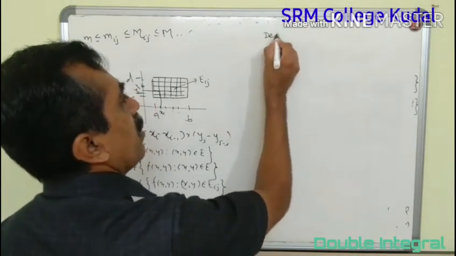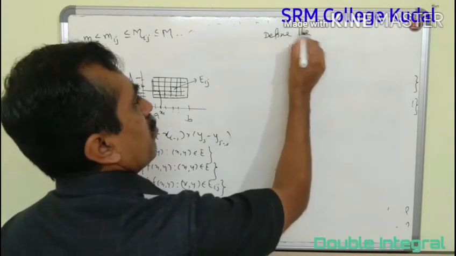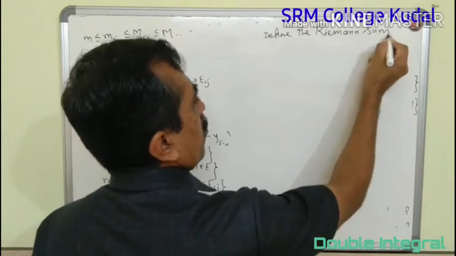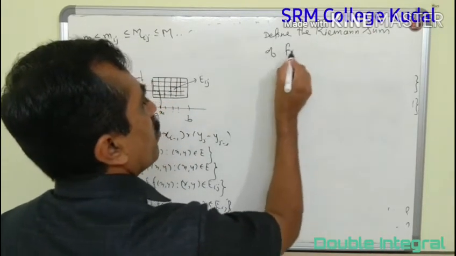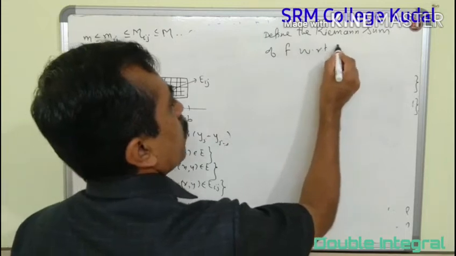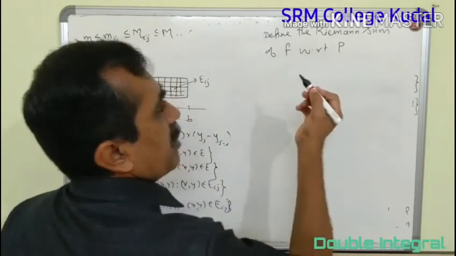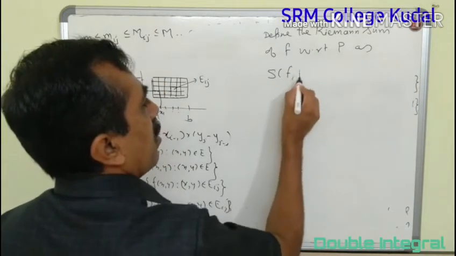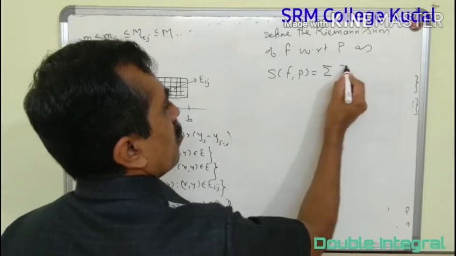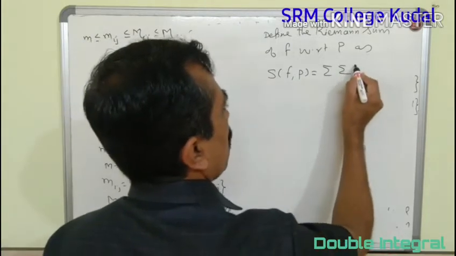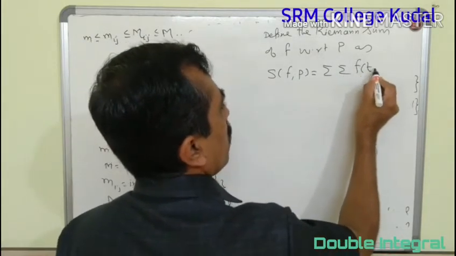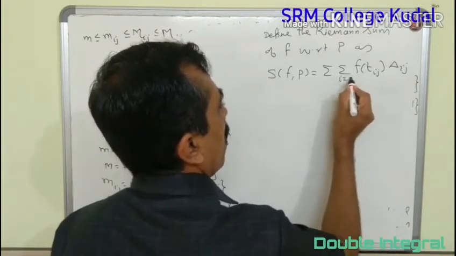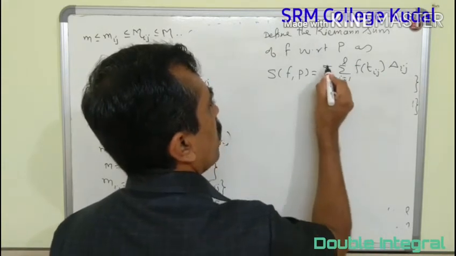So define the Riemann sum of f with respect to partition P as f_P equal to the double summation of f of T_ij into delta_ij, i runs from 1 to L and j runs from 1 to n.